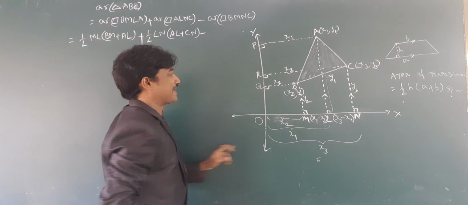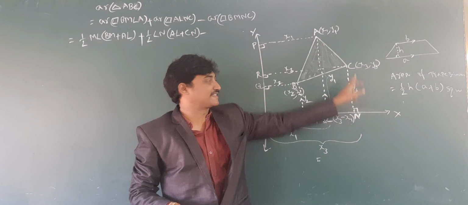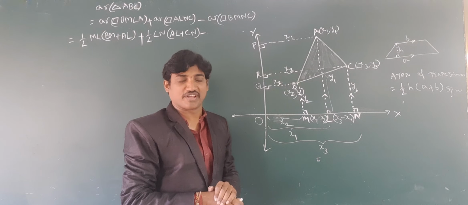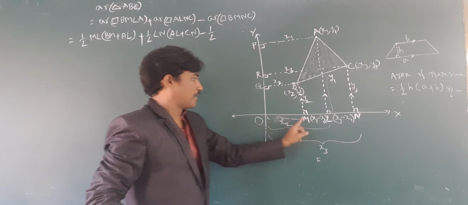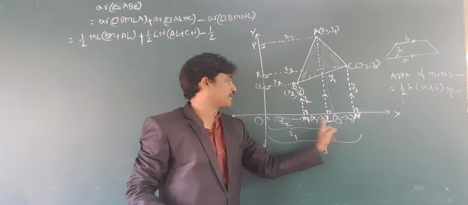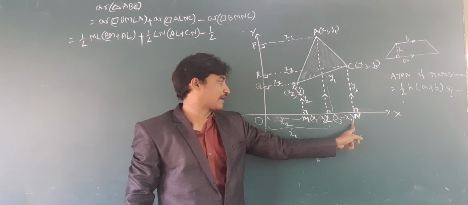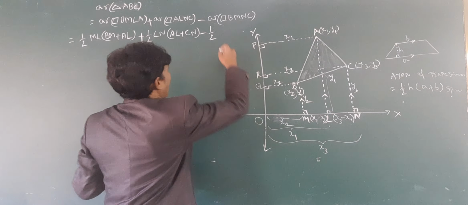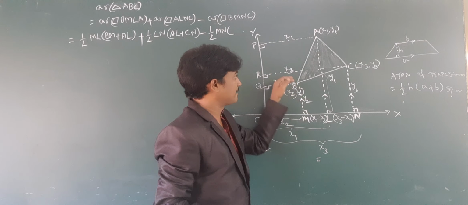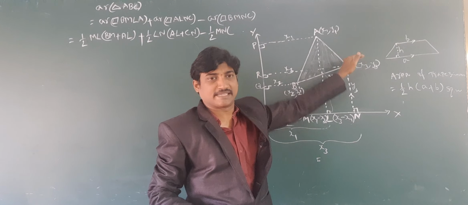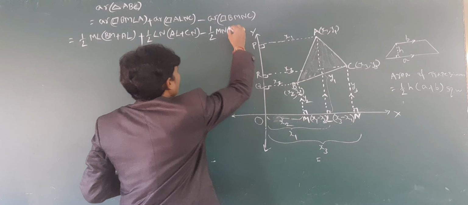Area of trapezium BMNC is also half h into (a plus b): the perpendicular distance between the parallel sides is MN, into the parallel sides (BM plus CN).